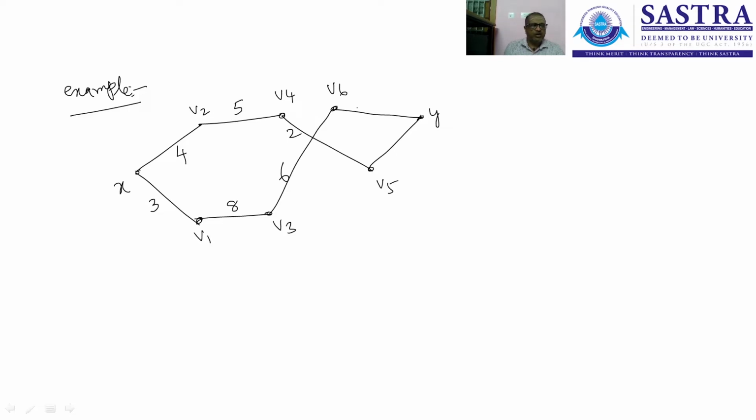This one has 3, this one has 4. I'll take this as 5. Now what I have to do is, this is an undirected graph. I have to assign a direction like this.